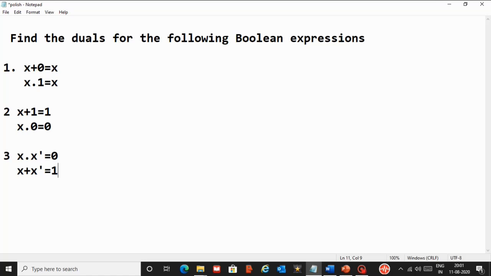If x is equal to 1, then 1 plus 0 is 1. If x is equal to 0, it is 0 plus 1 is equal to 1. Correct? Because with or, if one of them is true, the entire thing becomes true. So this is the dual of the expression.